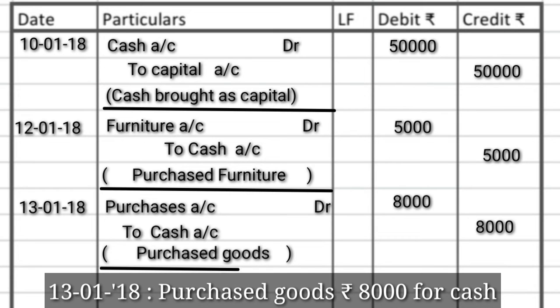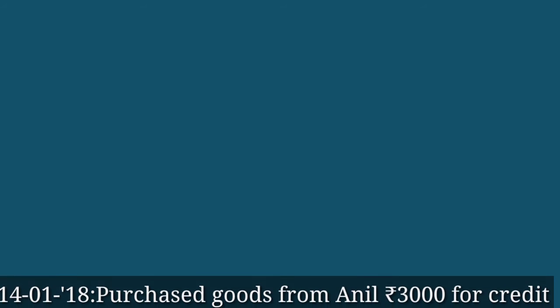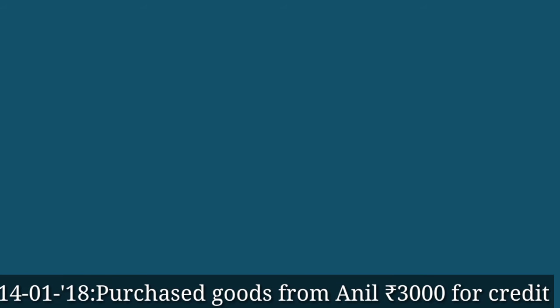Then draw a single line. This is the journal entry. So purchases account debtor rupees 8,000 to cash account 8,000. Narration: purchased goods.